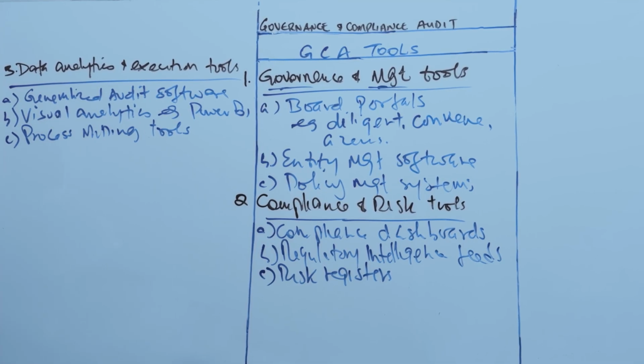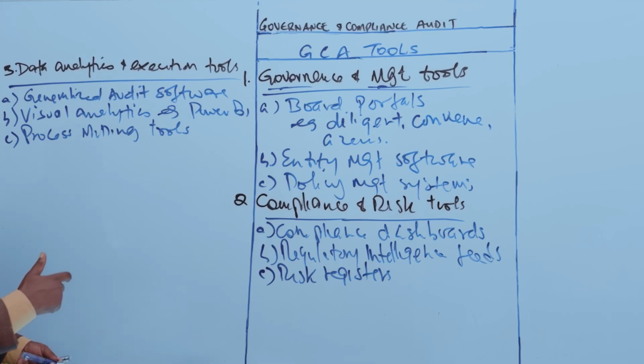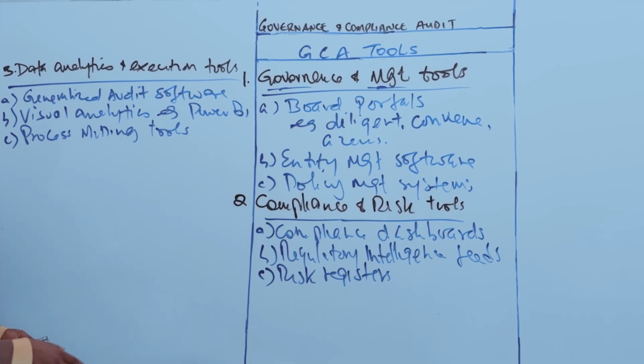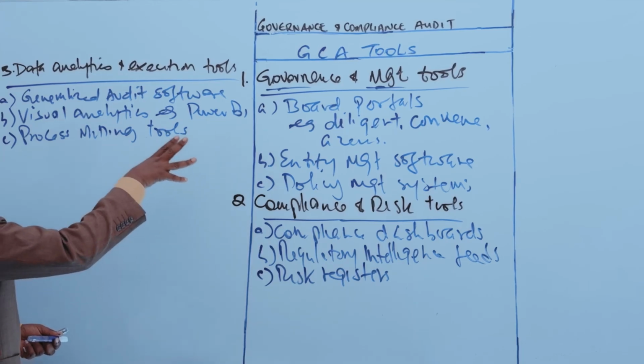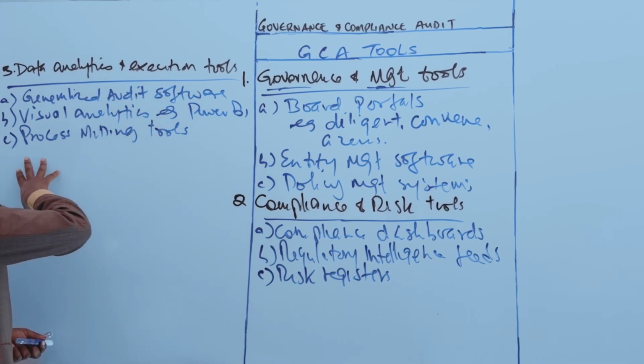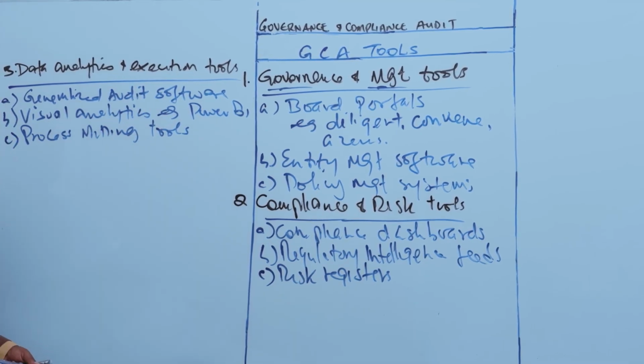They reconstruct how a process actually happened by looking at digital footprints in the system, which then reveals where people are doing what? Bypassing controls. So this is what is done in the field. When executing an audit, you can use the process mining tools.